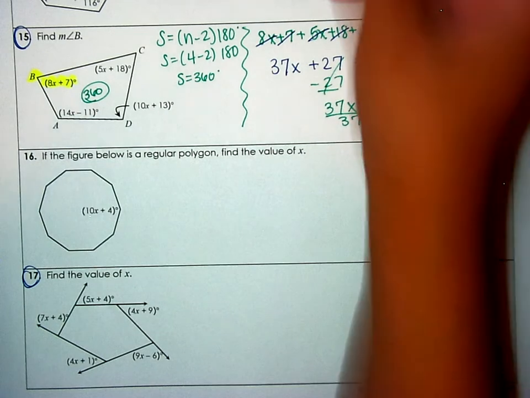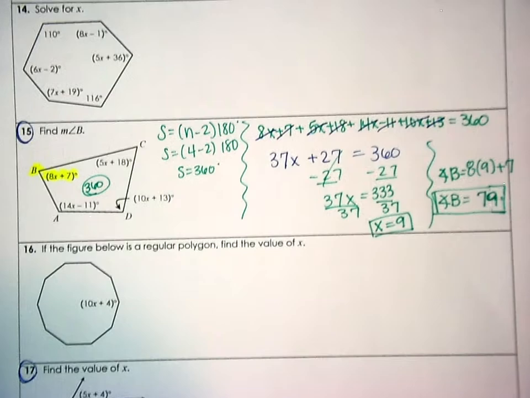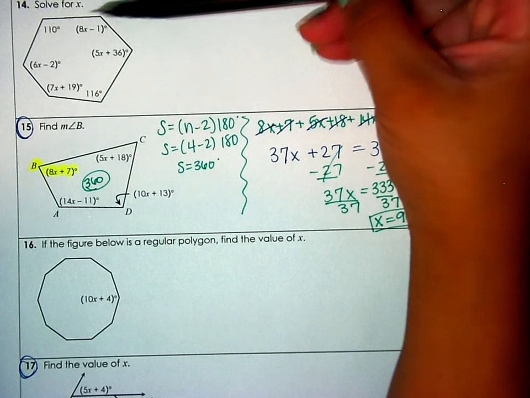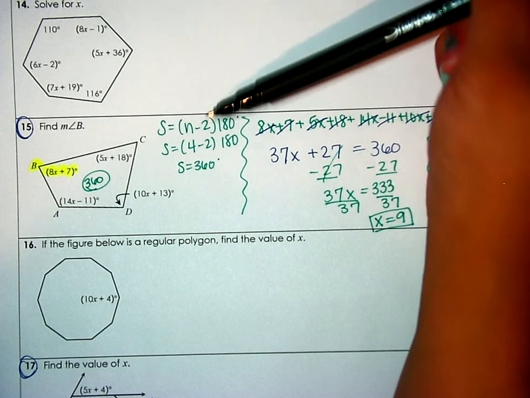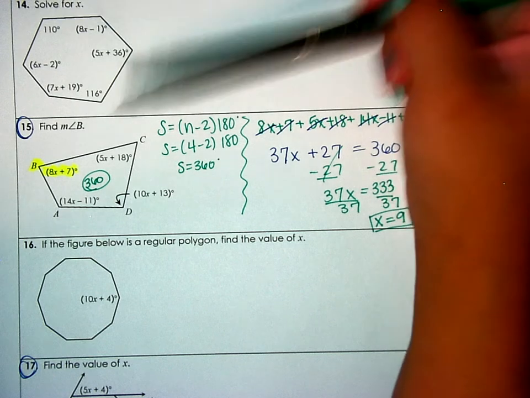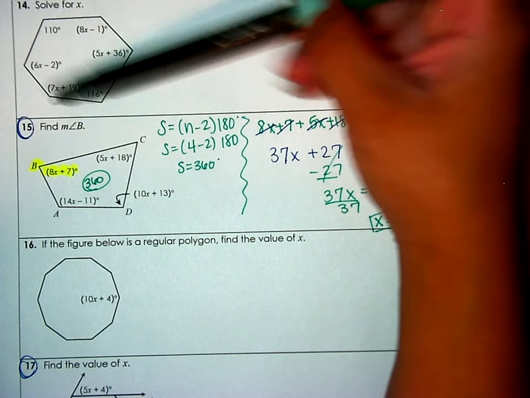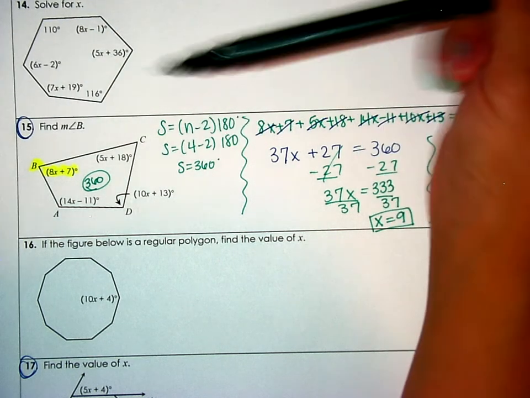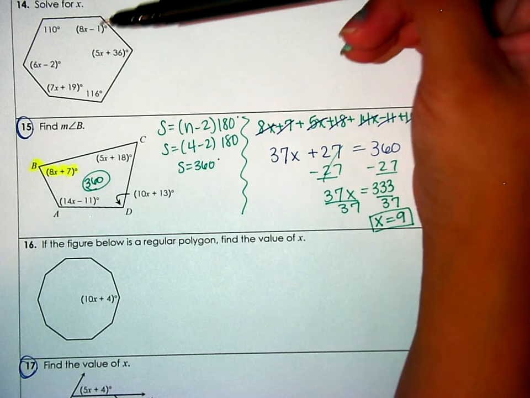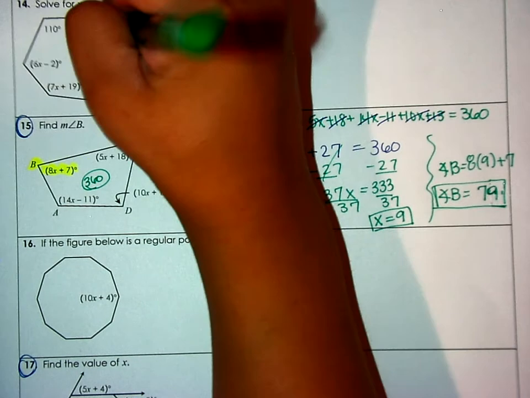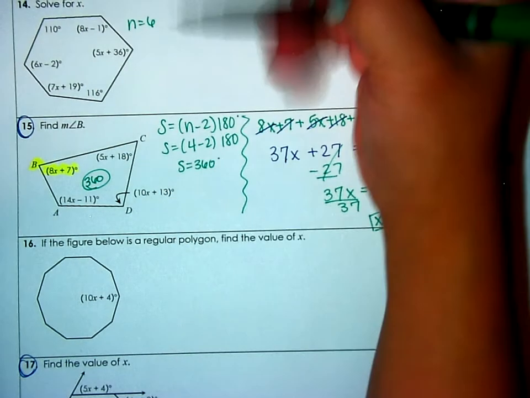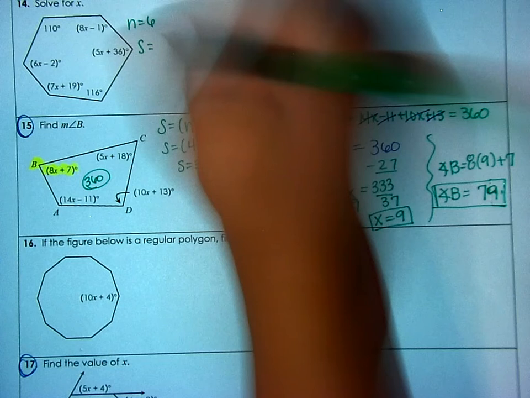Just to review the one that we didn't do that was a little bit different, you are going to find the sum of however many sides this has. So this has 1, 2, 3, 4, 5, 6 sides. So find the sides, that's 6. So n is equal to 6. Find the sum, so I'm going to let you use the formula for that.